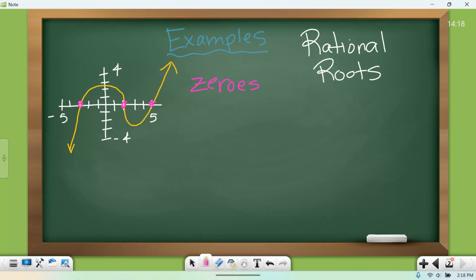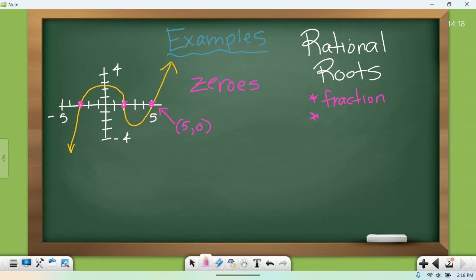They all mean the same thing. If I were to give the coordinates of each of these, this one is at 5, 0. And remember, for rational roots, they have to be able to be placed into fraction form.